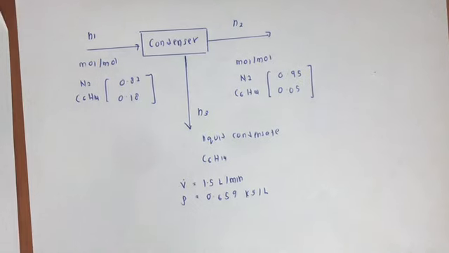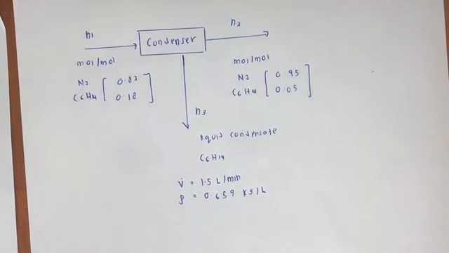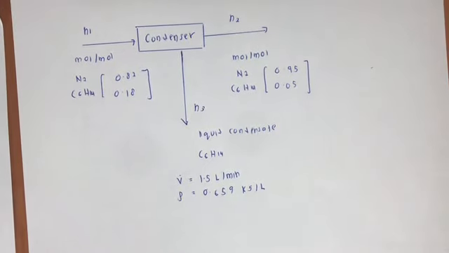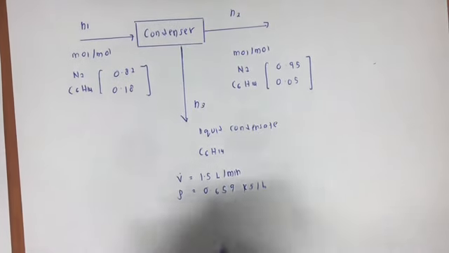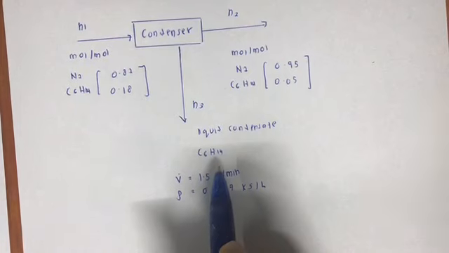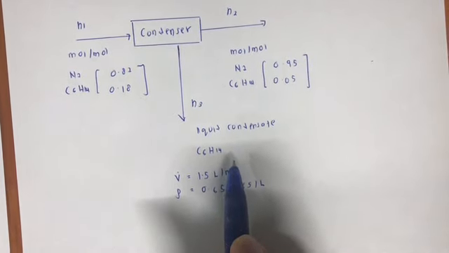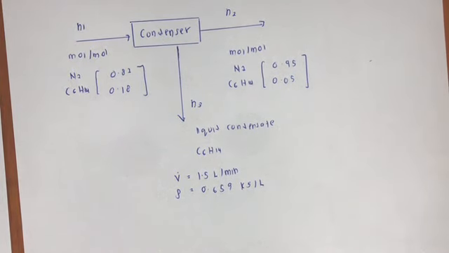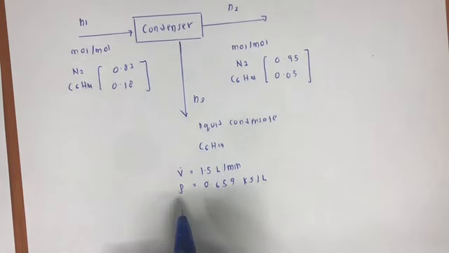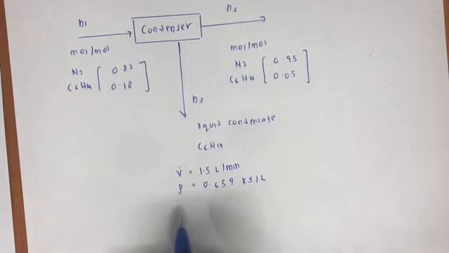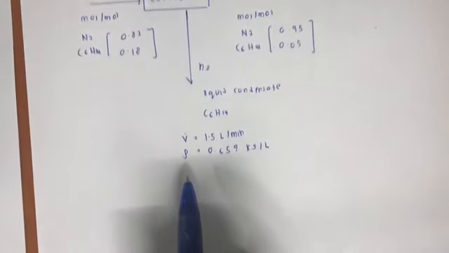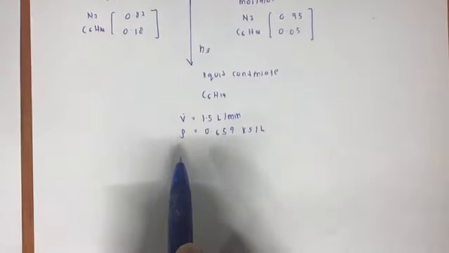So at the liquid condensate, almost 100% of hexane is condensed from the condenser, which means here is pure hexane being condensed. And we also have the information of volumetric flow rate and the density of the liquid condensate. So first of all, we must convert this into mass flow rate.